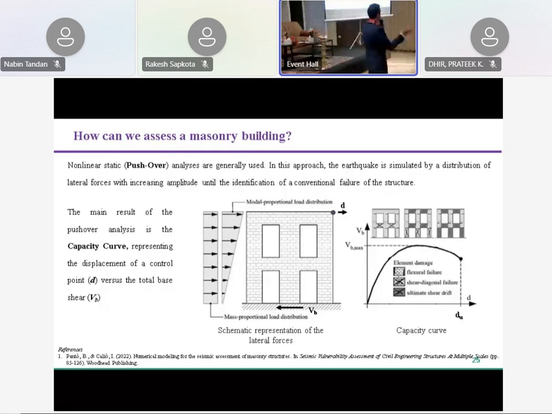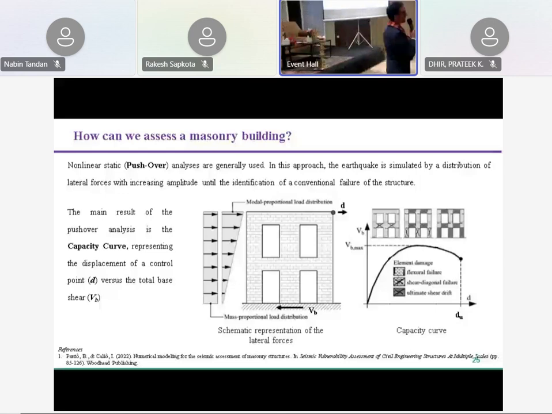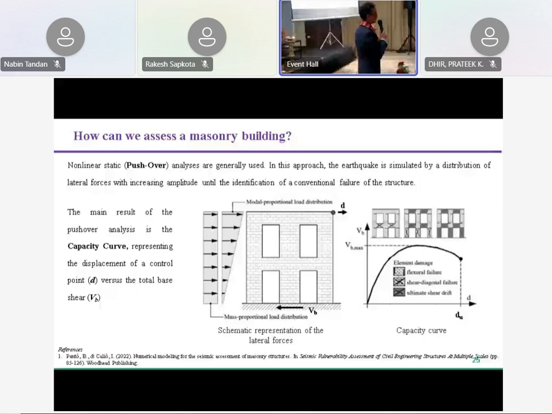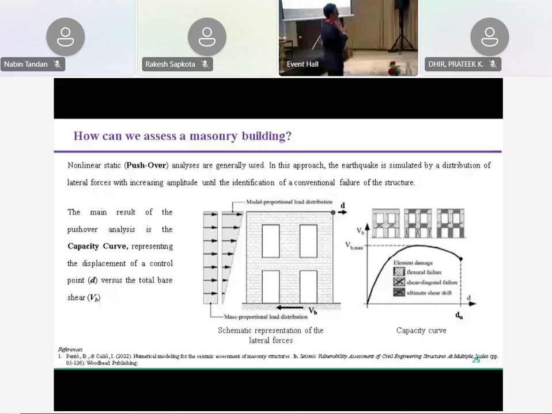However, in order to simplify the analysis and require fewer parameters, equivalent static analyses that we call pushover analysis are at this particular historic moment the most diffused method of analysis in seismic engineering.